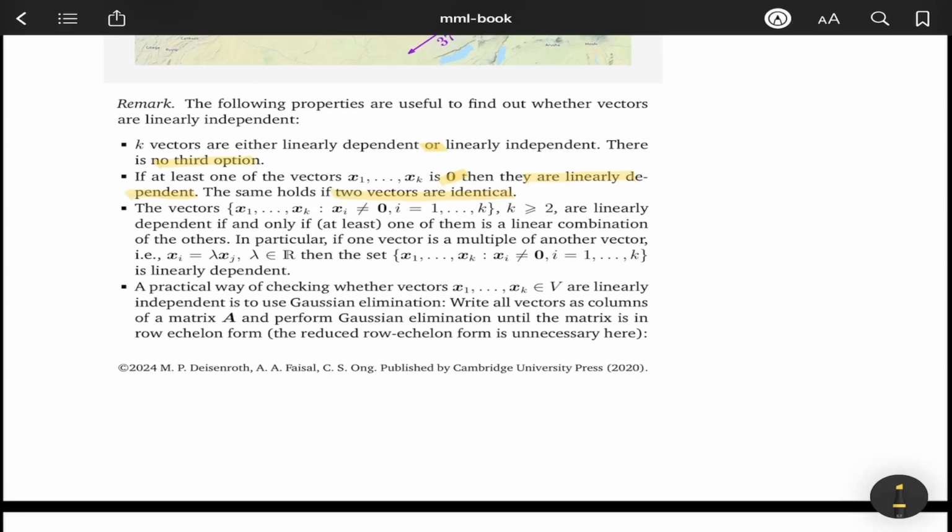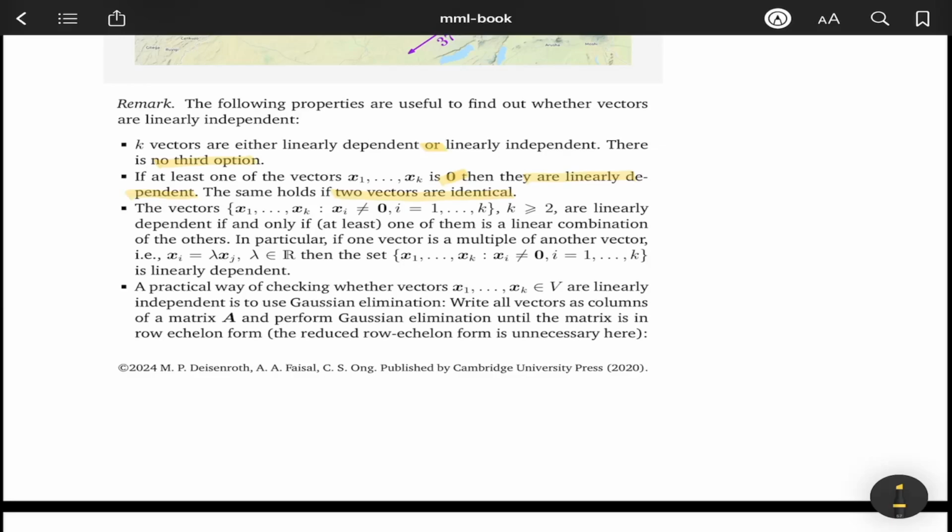The vectors 1 to k, where none of them are null vectors, and k is, what is this? Greater than 2? Okay, they are linearly dependent if and only if at least one of them is a linear combination of the others.